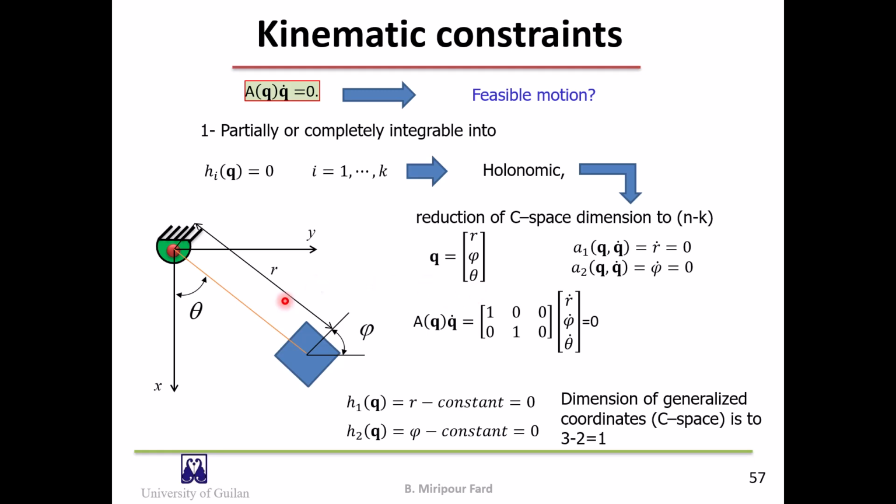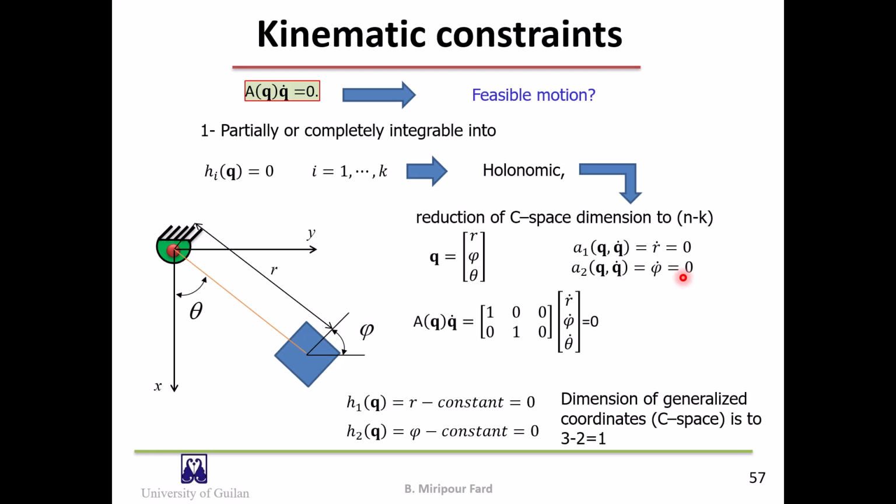If we pin the body to the ground with a rigid rod and fix its rotation around the axis passing through its center, then two constraints will be created, and we can write these constraints as a1 equals r dot equals 0 and a2 equals phi dot equals 0.